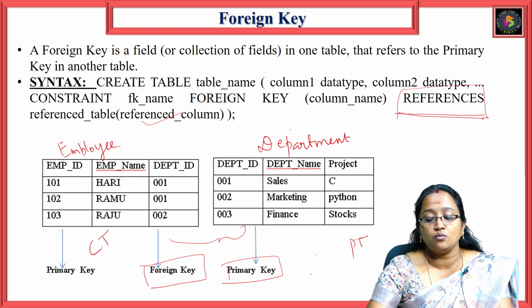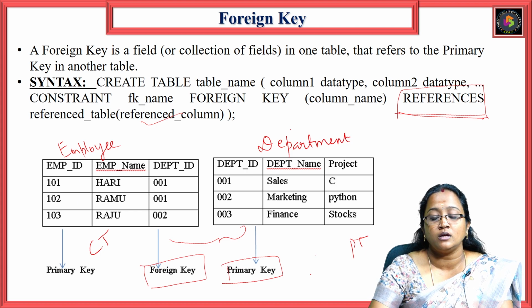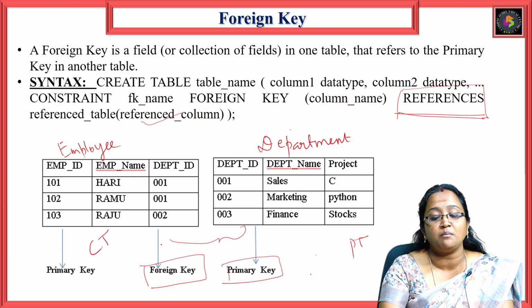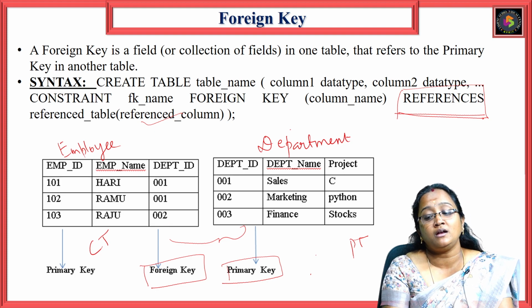For example, if you want to include department ID 004, it should be included in the department table first, and only then can it be referred to in the employee table. Without inserting data in the department table, we can't insert or update anything in the employee table, because department ID in the employee table is referring to the department ID in the department table.